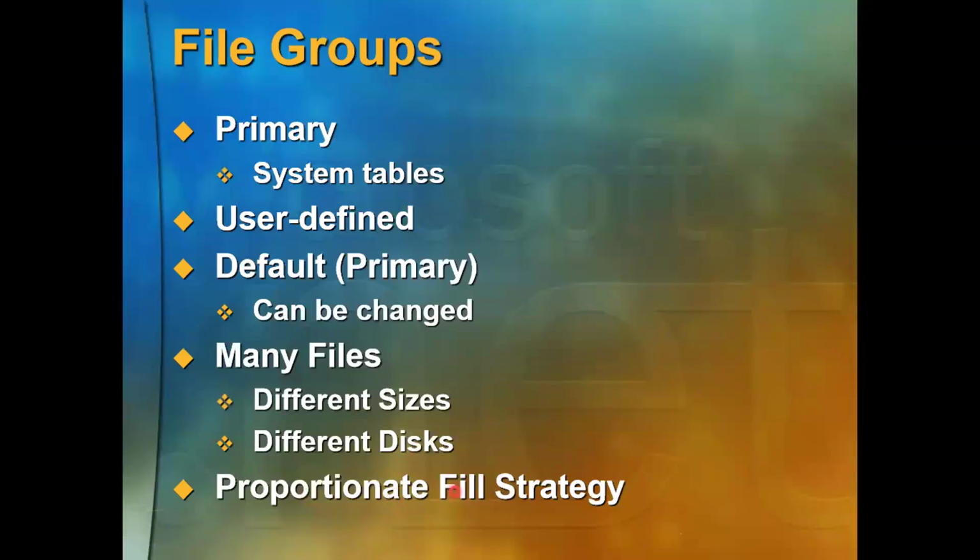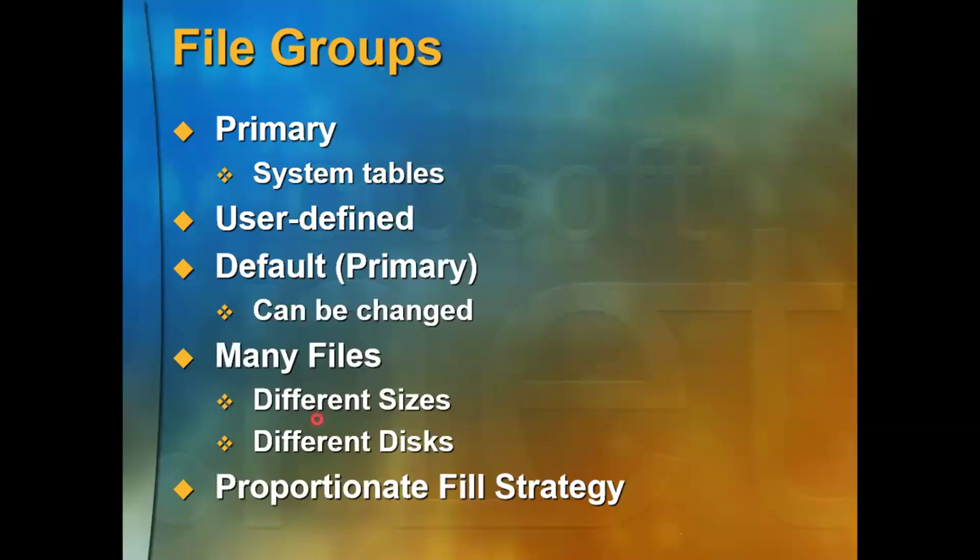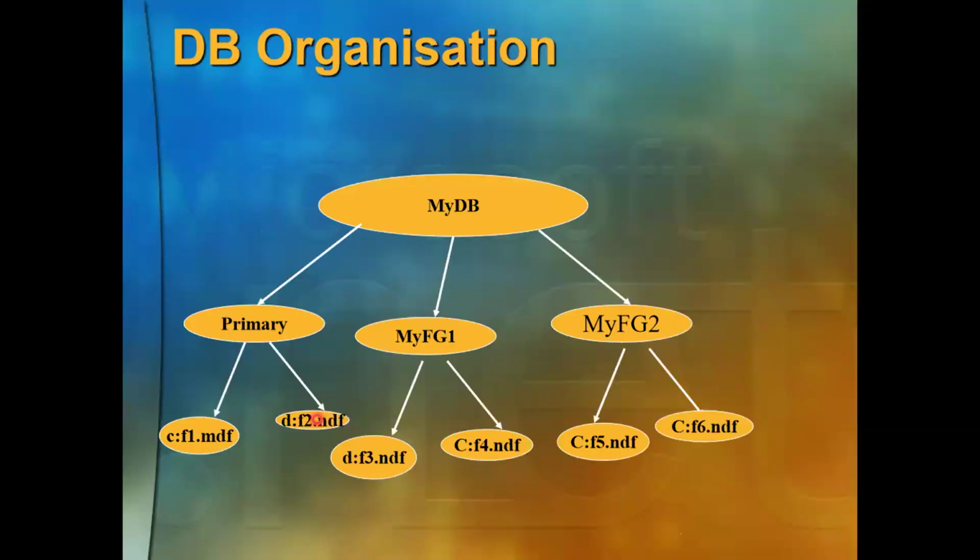Then you have something called the proportionate fill strategy. What is this proportionate fill strategy? It means that, going back to this diagram, whenever you have multiple files in a file group, when the data has to be filled, it will fill the data in the files. How is the data going to be filled?